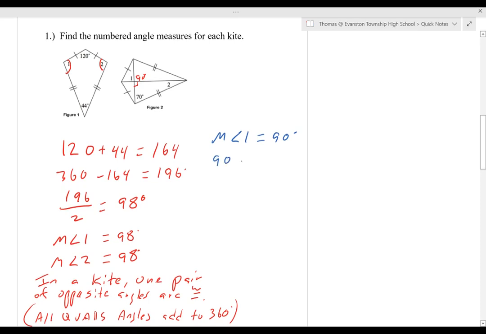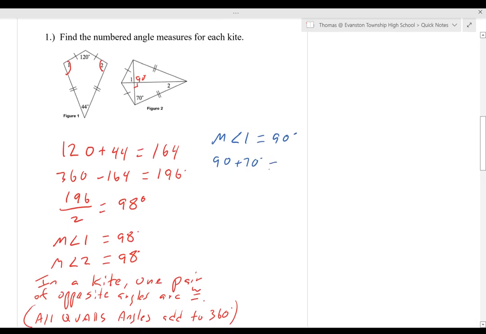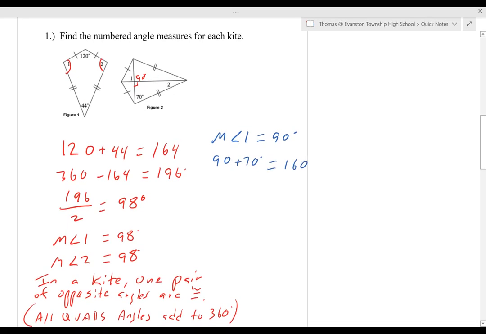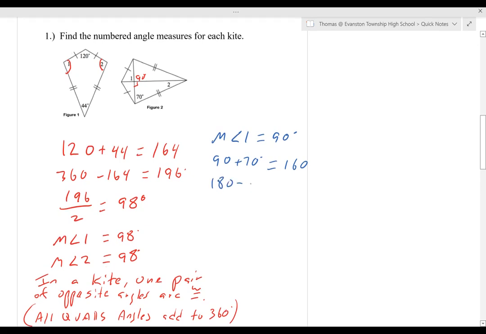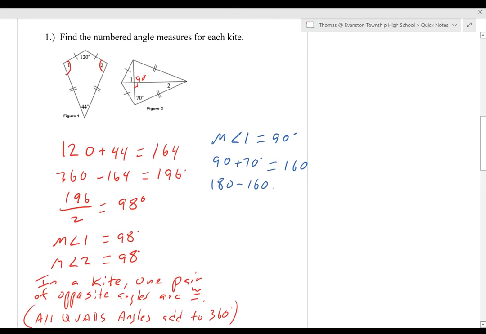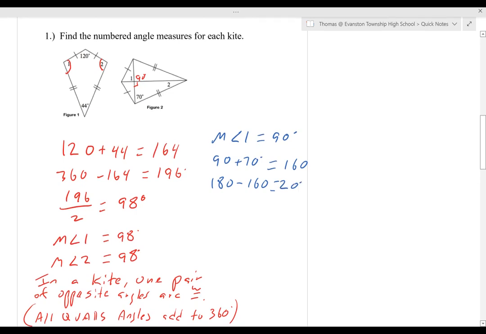Then I know that 90 degrees plus the 70 degree angle we're given equals 160. I can take that 160 away from 180, and I have 20 degrees. So I know that the measure of angle 2 is 20 degrees.